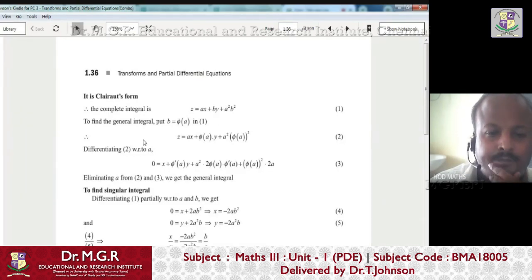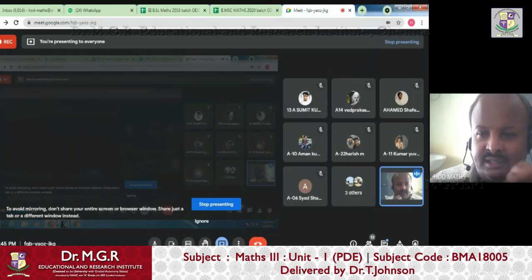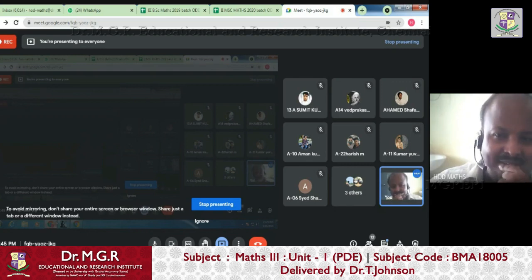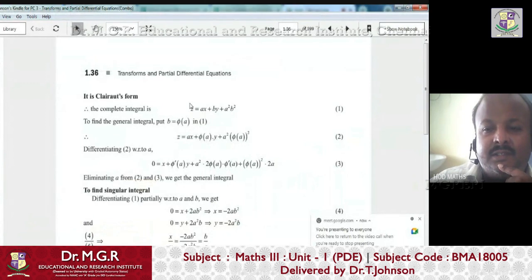Anybody? I already told it in the class itself, in the offline class also. If anybody replies, all these things are taken into consideration when I decide your internal marks. Okay, anyone of you tell me what is the complete solution here?